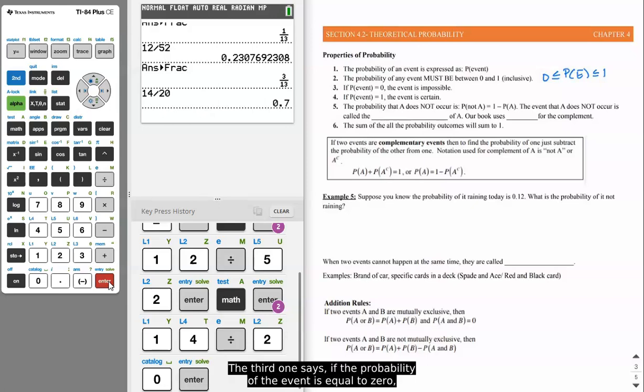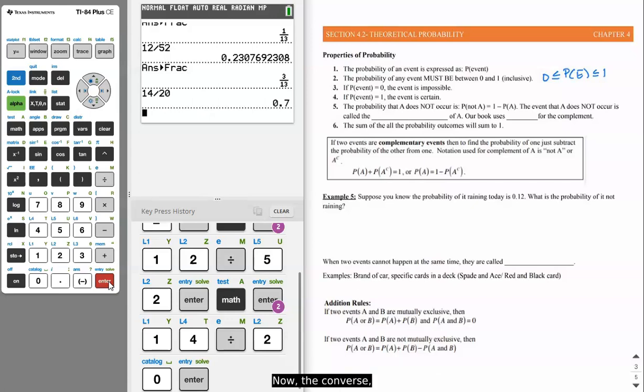The third one says, if the probability of the event is equal to 0, the event is impossible. That could be something like, find the probability of drawing a green card from a standard deck of cards. That would be impossible. No matter how many cards you choose, you're never going to choose a green card because we only have red and black cards.